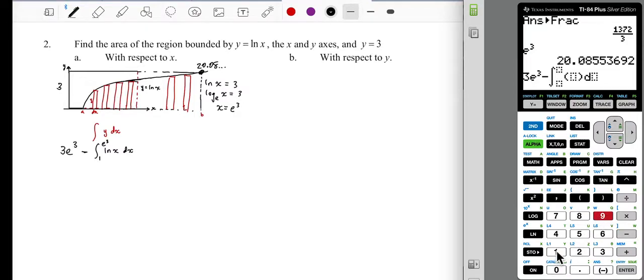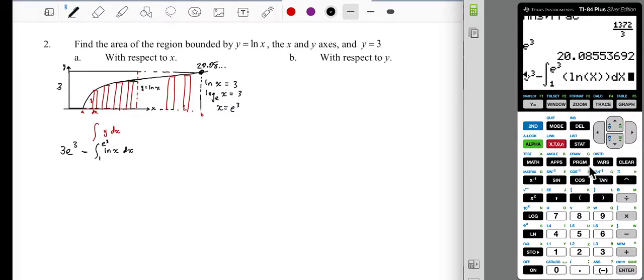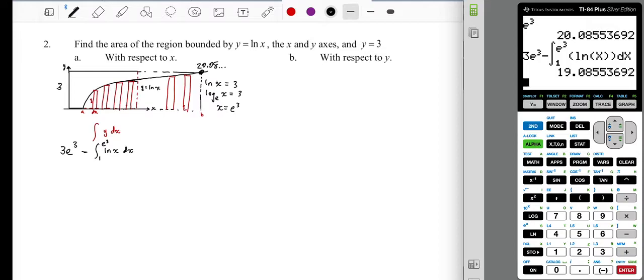It's pretty easy to just type it right in: ln of x, close it up, and then pop in an x, and we're looking at about 19.0855.